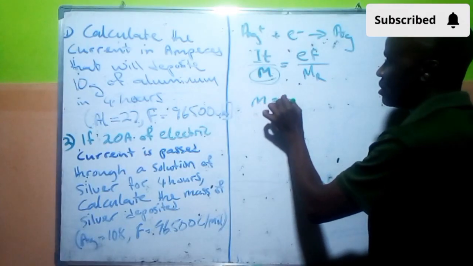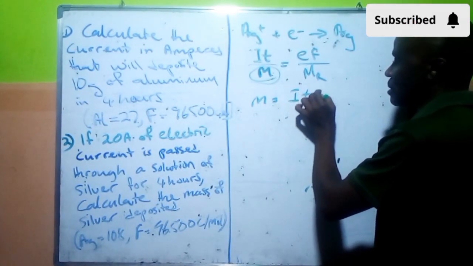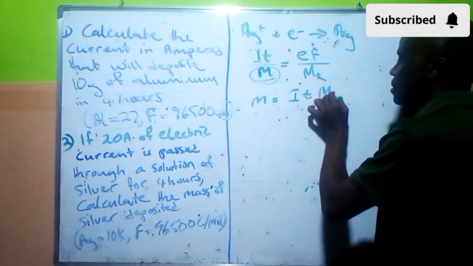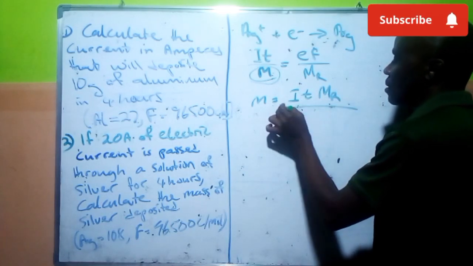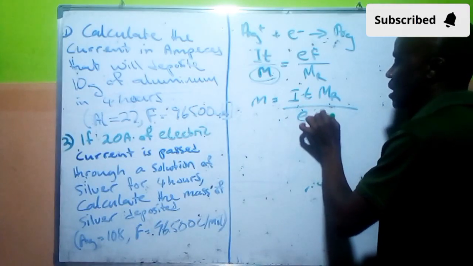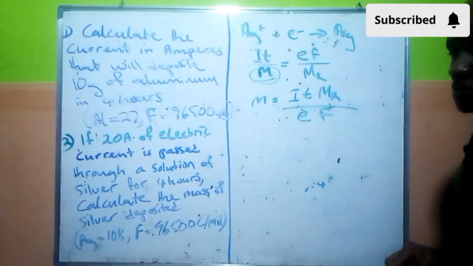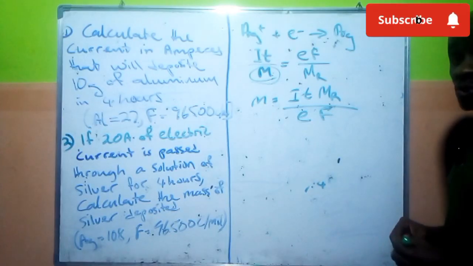If we rearrange it, we will have I, that is the current, times time, times molar mass, all over charge multiplied by Faraday.